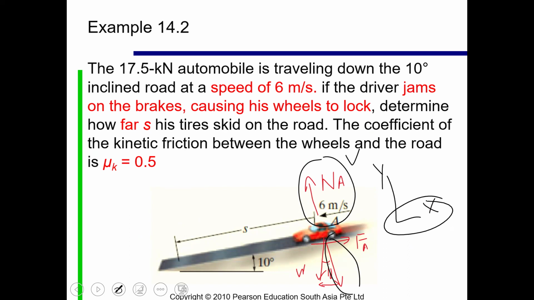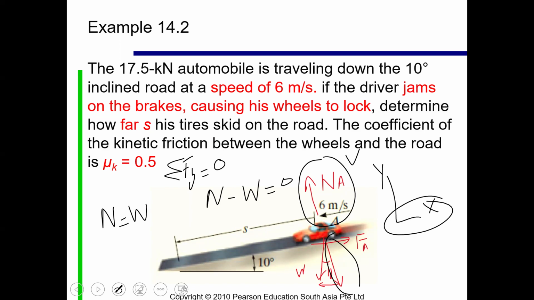If I take the sum of forces in y, I'm considering equilibrium in the y direction. So it would be equal to what? N positive minus weight equal to 0, or in other words, N is equal to W, right?